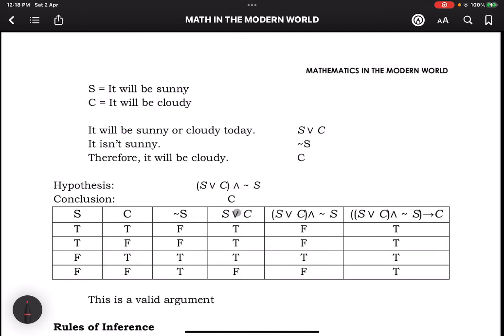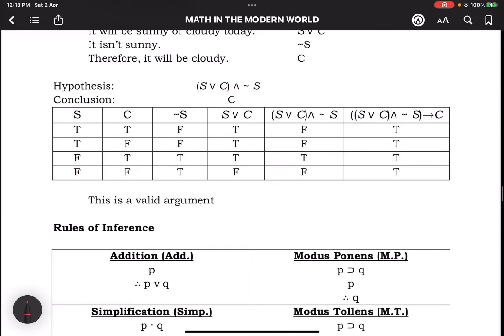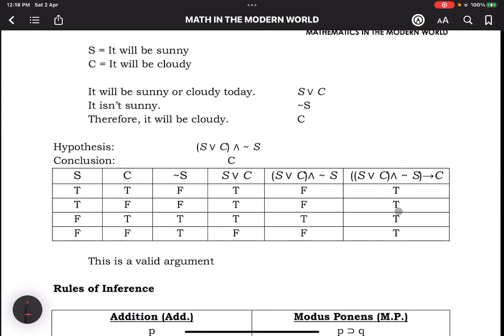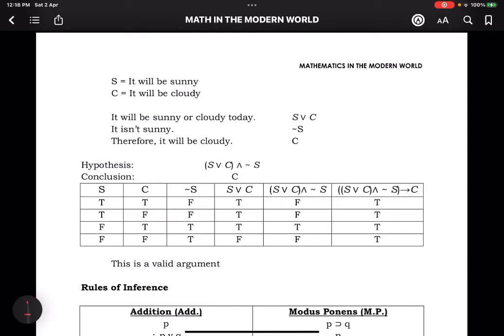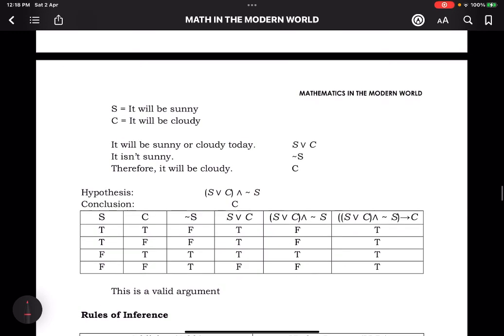Okay? So sa first is true, true, true, false. Second is false, false, true, false. At pag in-evaluate natin itong dalawa, we will have true, true, true, true. So therefore, our argument is valid since lahat ng ating truth value sa last column ay true. Okay? So that is how we determine if our argument is valid or not valid.